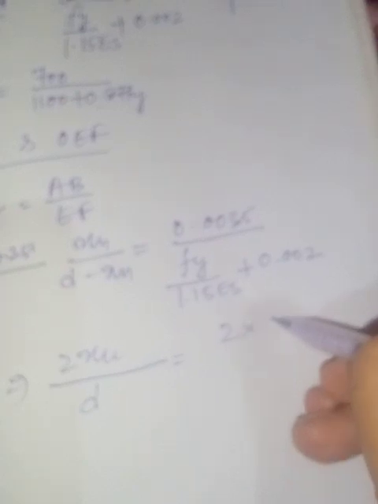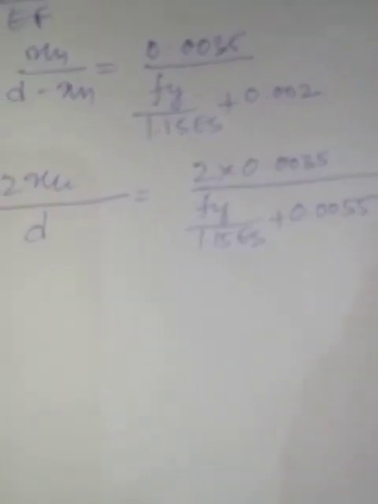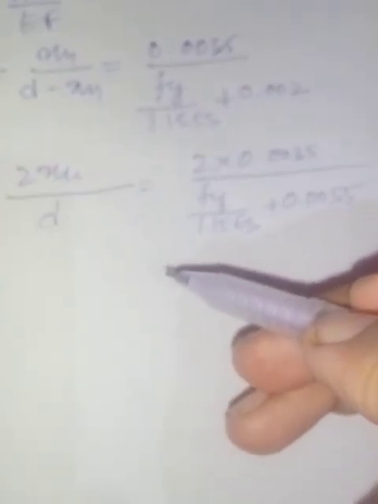So I will get 2 into 0.0035 ratio Fy ratio 1.15 Es plus 0.0055. We know the value of Es, Young's modulus of elasticity for steel, is 2 into 10 to the power 5 Newton per meter square. So 2 cancels on both sides.